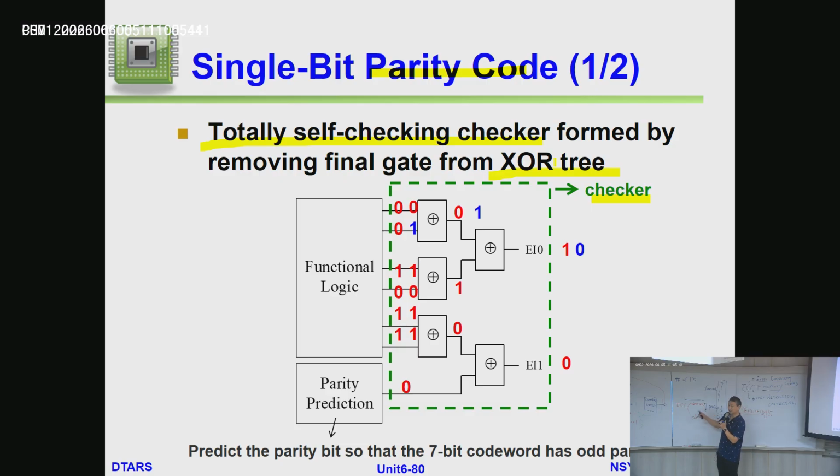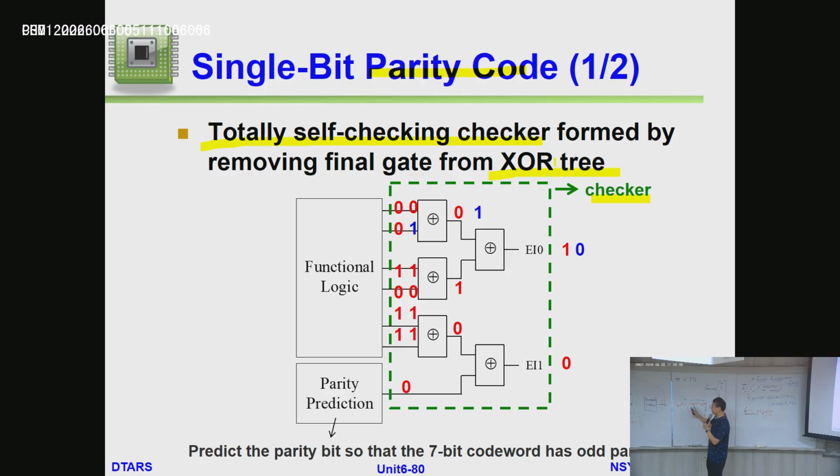So when we do the encode, we generate these parity bits. And how about decode? We use this checker to do the decode process to let us know if there are any errors in the outputs. Okay, so encode, decode.